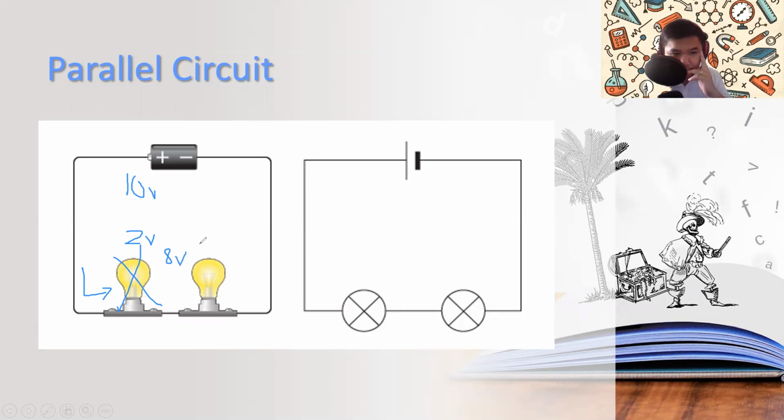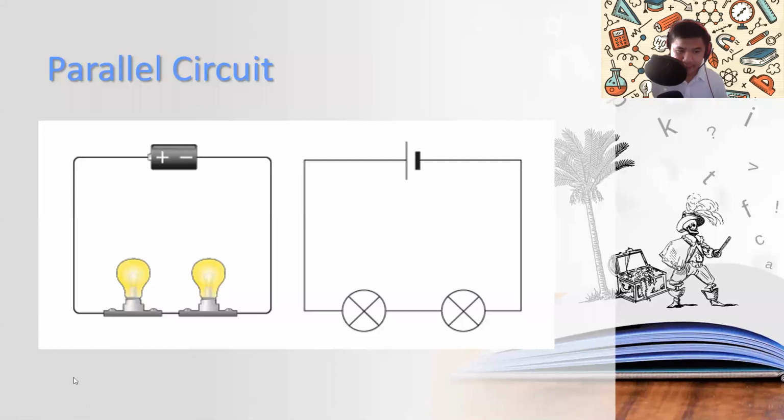This one will have fewer volts than this one. That means every light you add will decrease the volts. It will decrease how the light shines. That's another thing about the series. It will decrease everything.